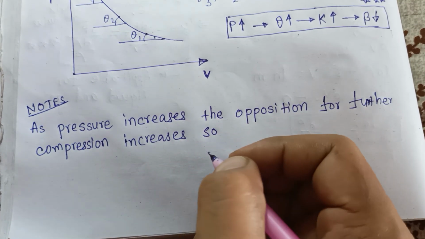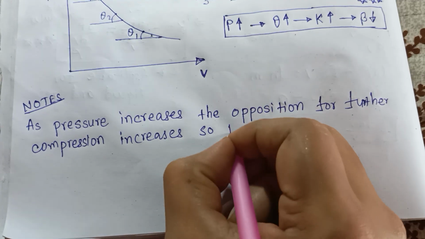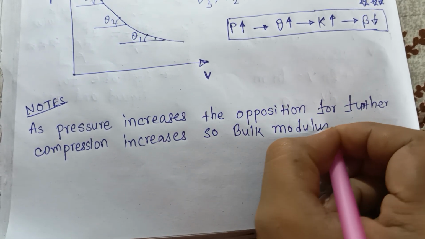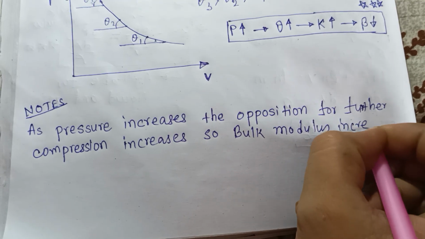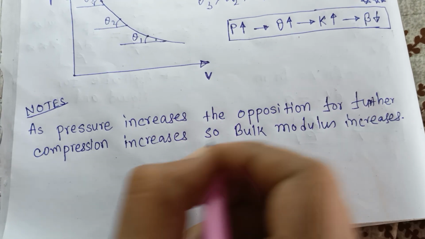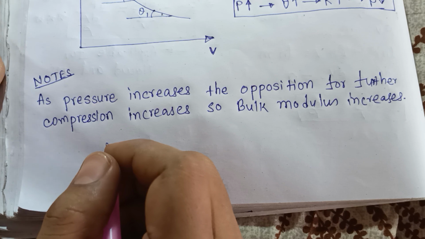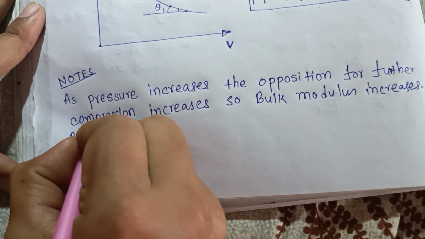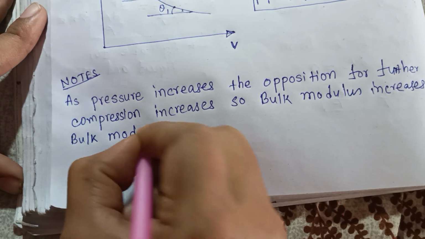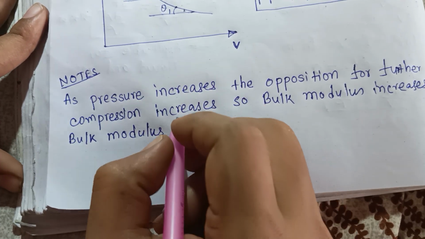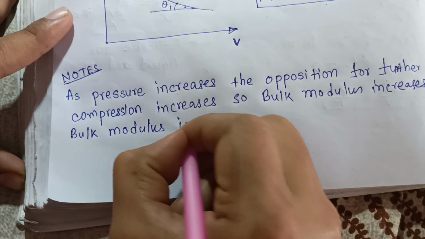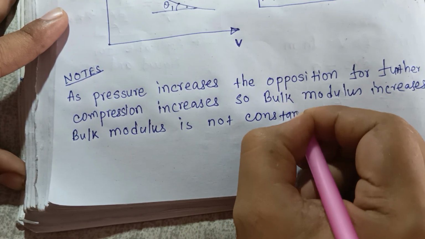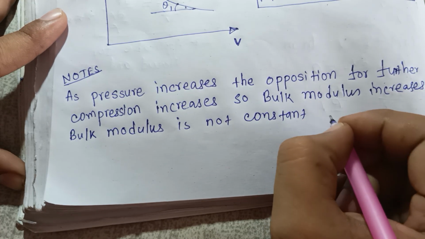So the bulk modulus increases. So bulk modulus is not a constant property.